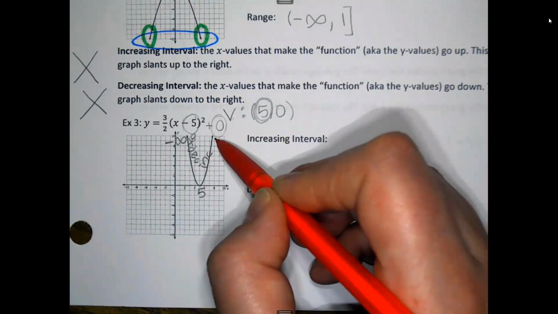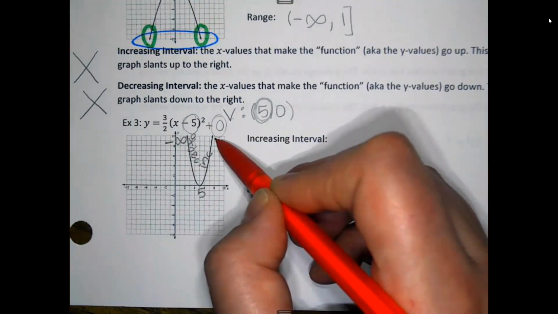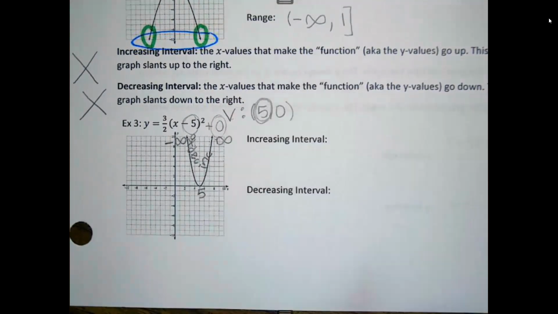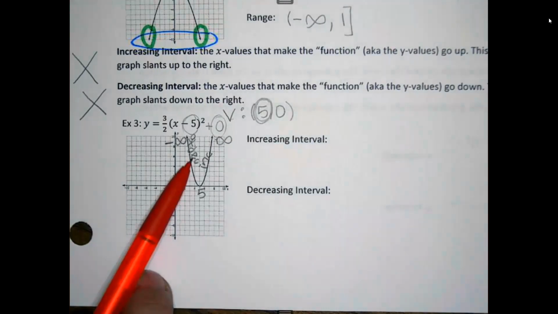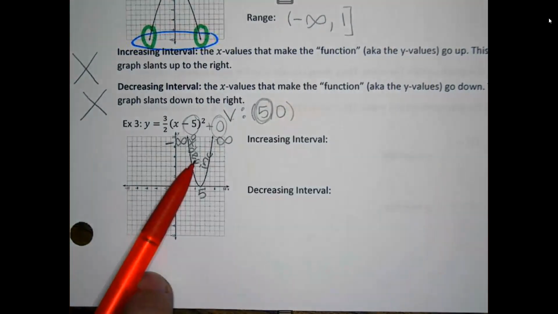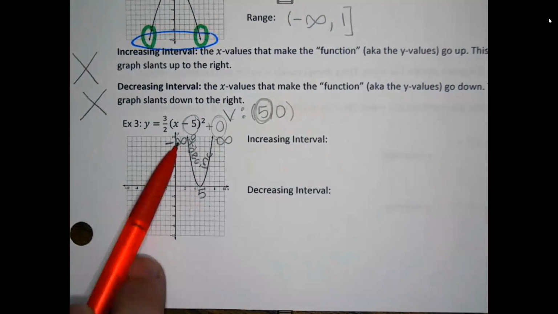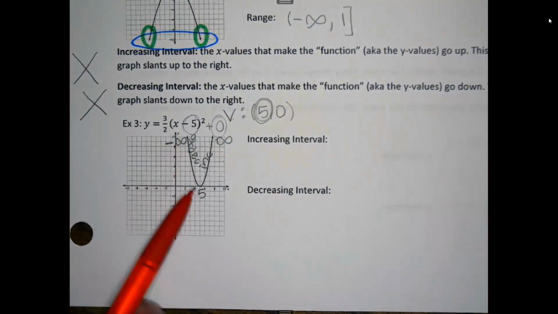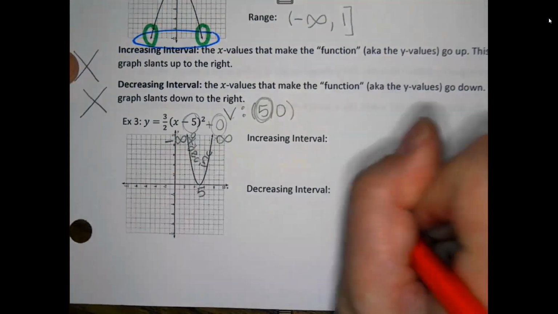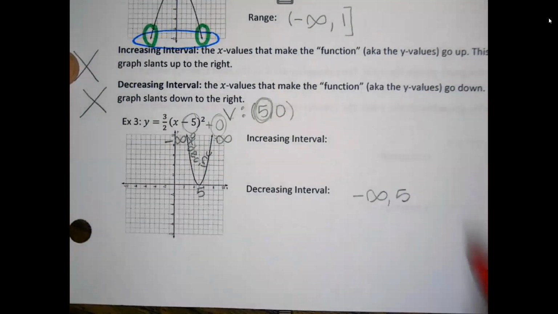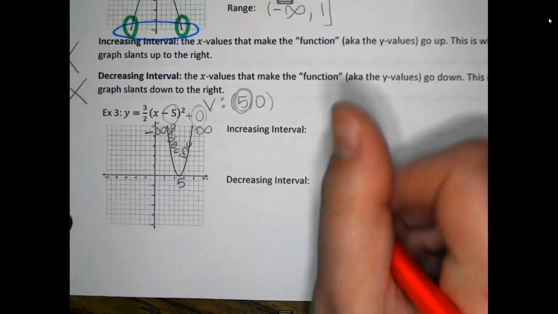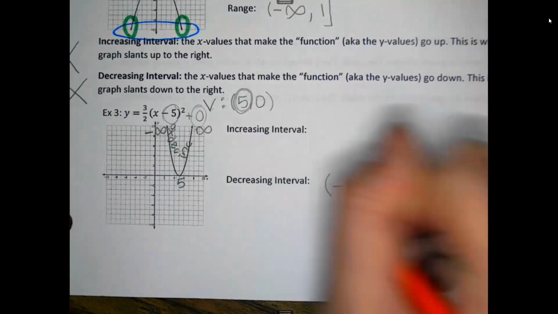What number is a right arrow? Infinity. Okay. So the word decreasing is sandwiched in between two numbers. What are the two numbers? Negative infinity and 5. So negative infinity, that's an infinity, so it gets a parenthesis.